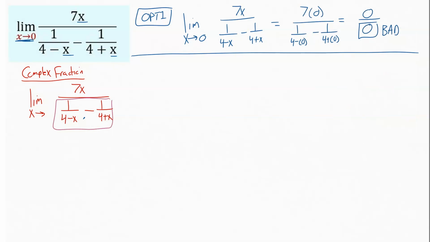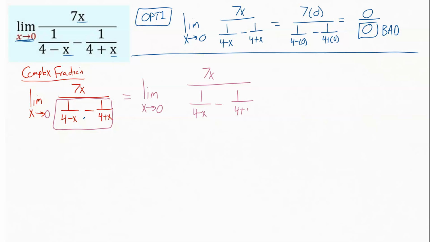To do that, addition and subtraction of fractions means find a common denominator. The limit as x approaches 0 should still be there as well. Don't think about it as the least common denominator, you just need to find a common denominator.